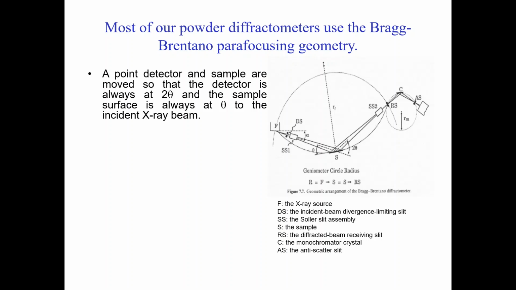A point detector and sample are moved so that the detector is always at 2 theta, and the sample surface is always at theta to the incident X-ray beam.